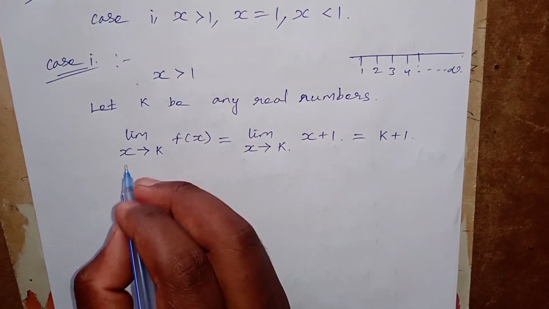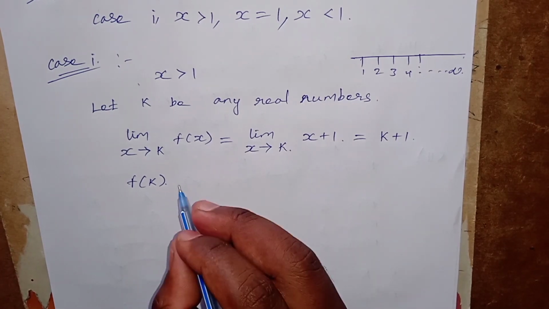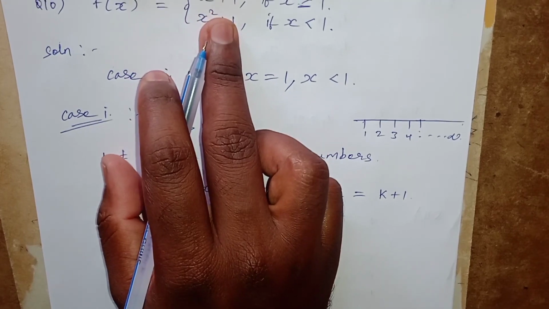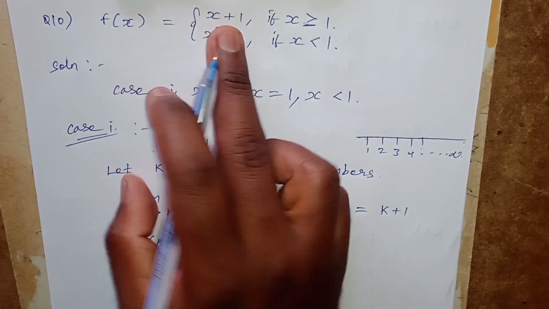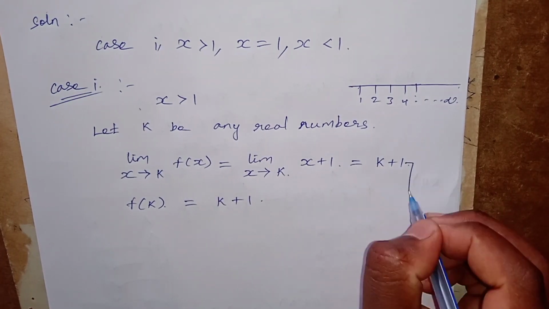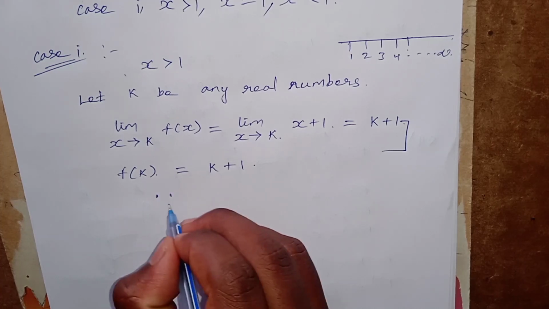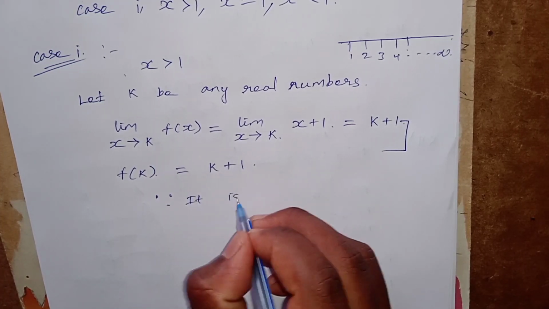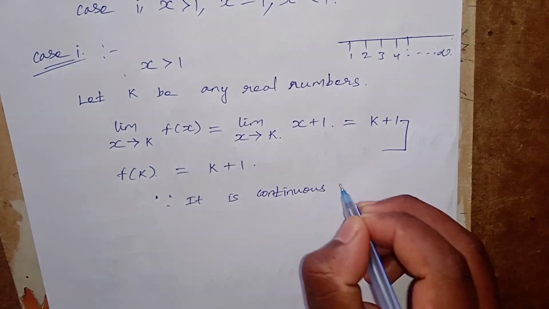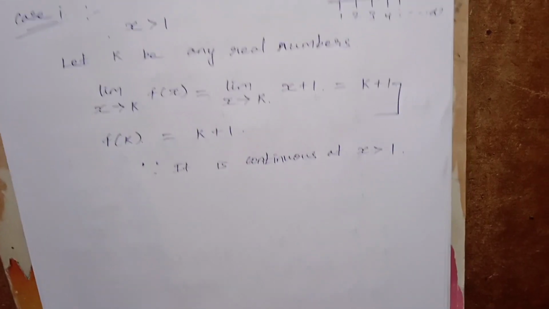Next, f of k is nothing but, in place of x plus 1, you substitute k, so k plus 1. Both are equal. Finally, you have to write that it is continuous at x greater than 1.